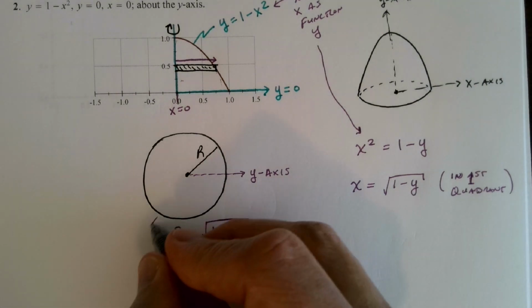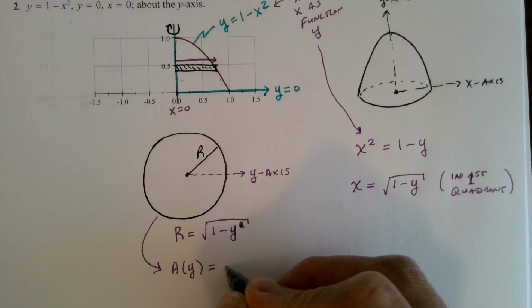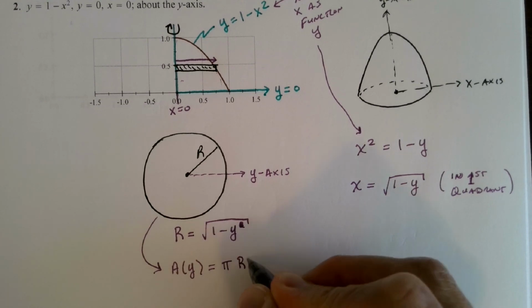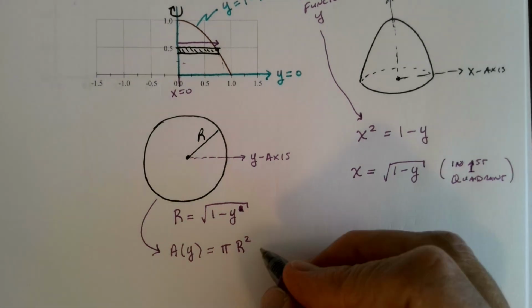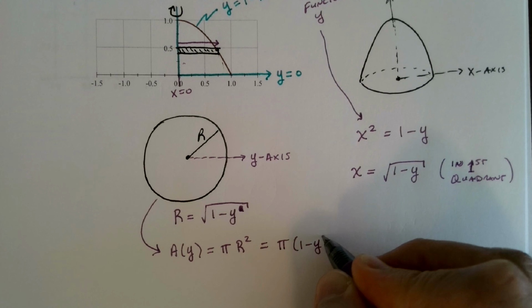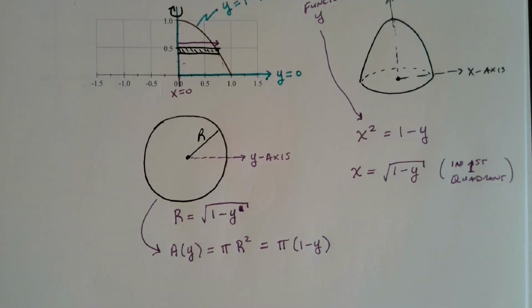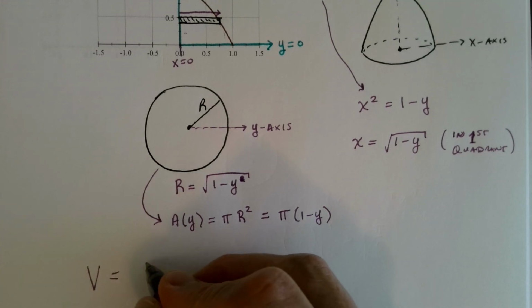So our area as a function of y is pi times capital R squared, just the circular disk area. If I square R, I get 1 minus y. And there it is. I'm now ready to find the volume by integrating.